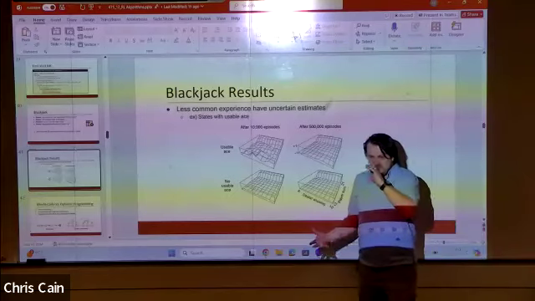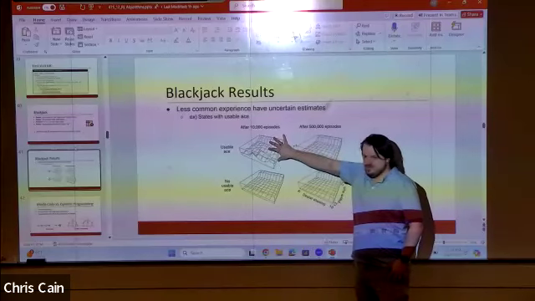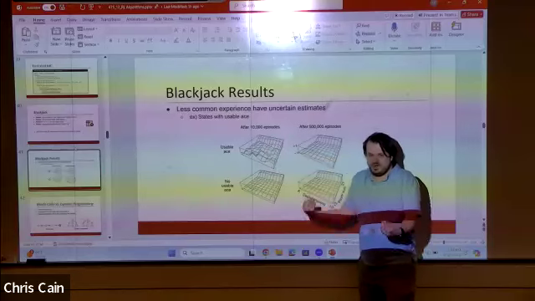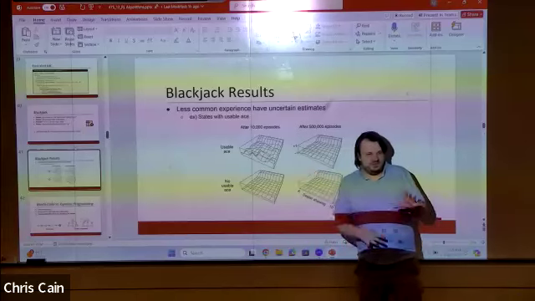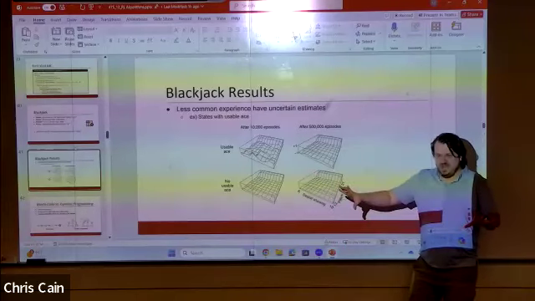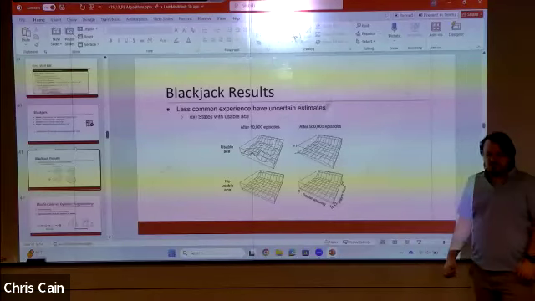So there are some things that don't really make sense, but the idea is this is a really small sample and it takes a lot of episodes for this concept to converge on the value of having a usable ace. Also because those are the longest ways to play blackjack. So let's say you have an ace and a 2. It's either 3 or 13.